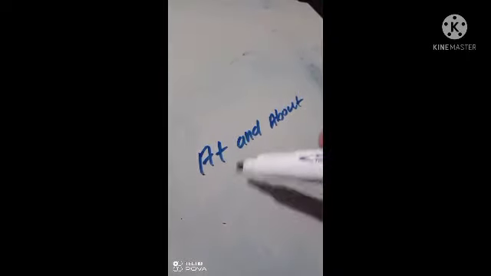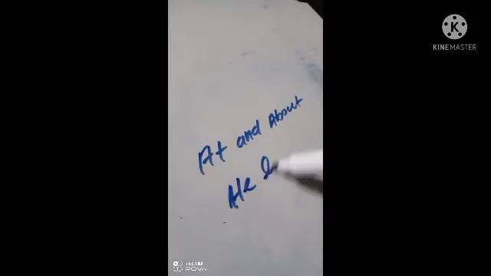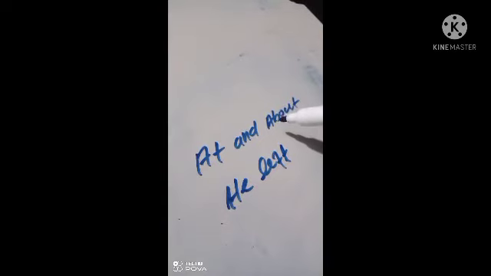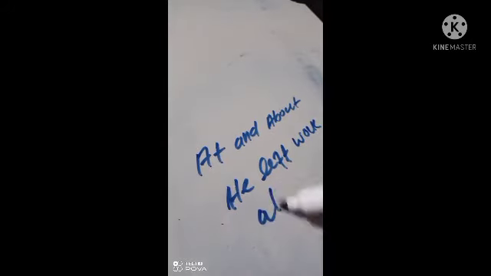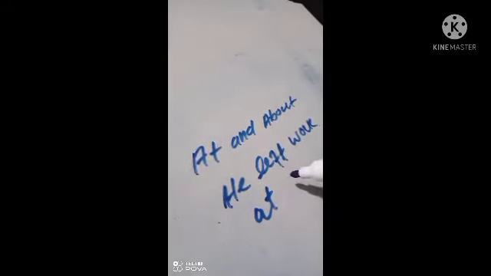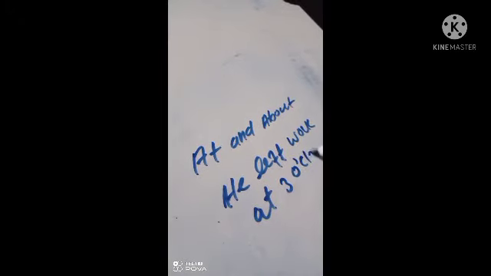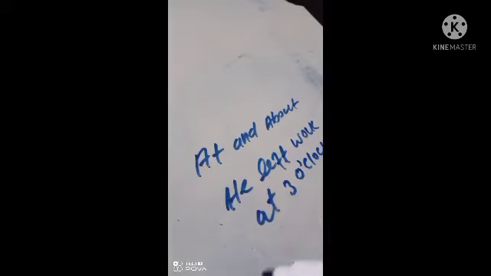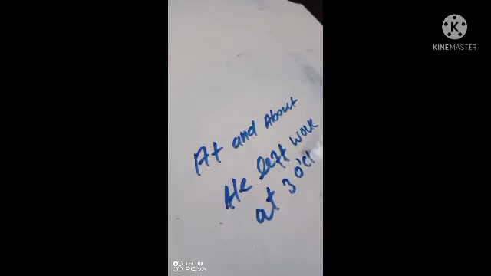For example, he left work at 3 o'clock. While "about" is used where "about" suggests proximity to a certain time.